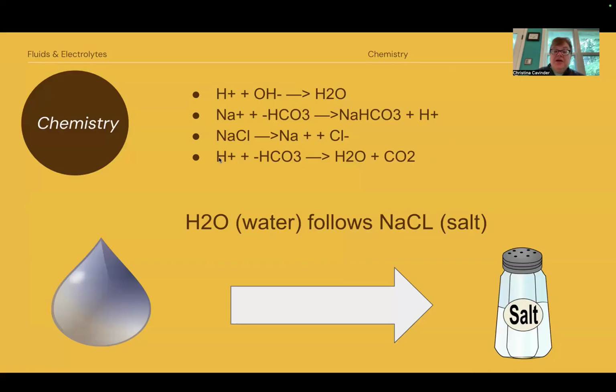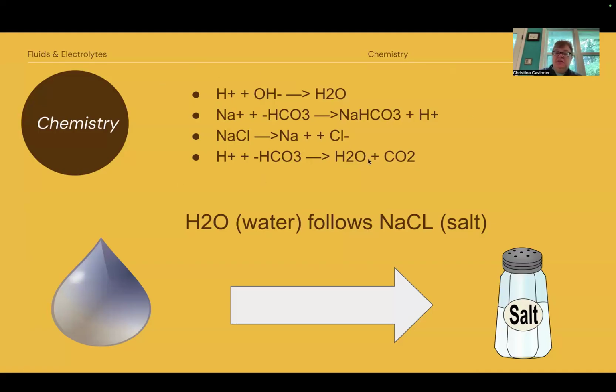So if you take your hydrogen ion plus the bicarb, you get water, but you also get CO2. So if you have somebody who's acidotic, but it's respiratory and they're not getting rid of CO2 like they should, then we're not going to give them bicarb because then that just builds their CO2.